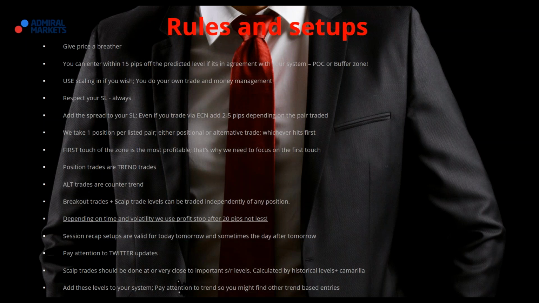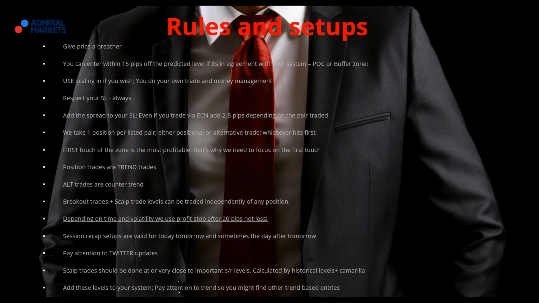First touch of the zone is the most profitable. That is why we are focused on the first touch of the zone. So when the price hits the zone, we either buy or sell. Depending on time and volatility, we use profit stop after 20 pips, but not less. Session recap setups are valid for today, tomorrow, and sometimes the day after tomorrow.